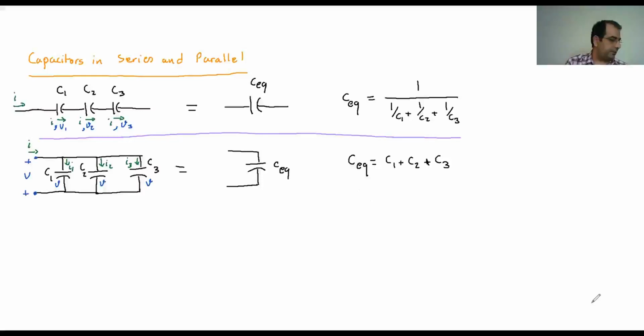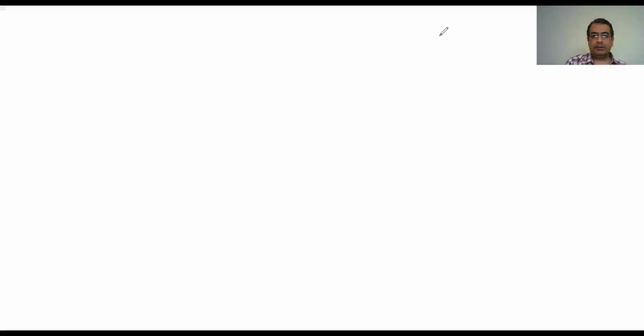So let's look at an example to see how it works. Assume we have a circuit like that. We have 6 microfarad here. Then it goes here, and then we have 4 microfarad here.